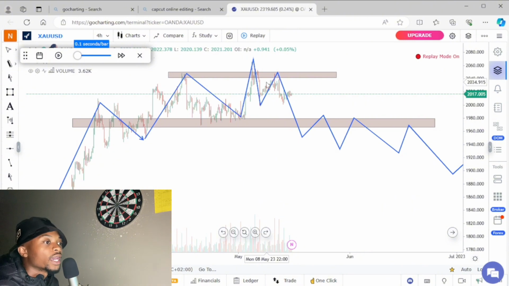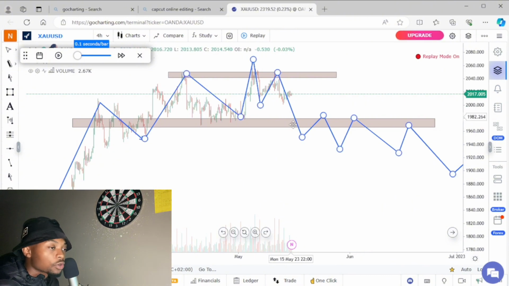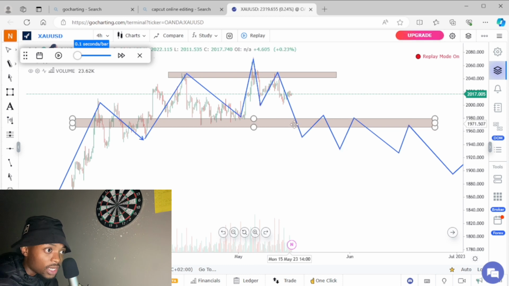And then we know that we'd have to wait for the second confirmation, being what? Price breaking this support and forming this retest pattern and going for a sell. So we basically have to wait for price to break this support, then come up to retest, and then sell, right?